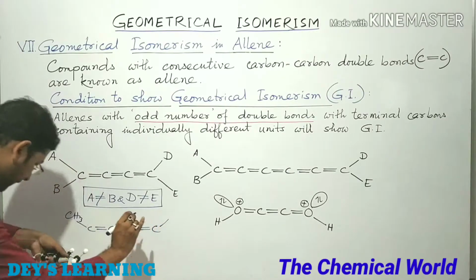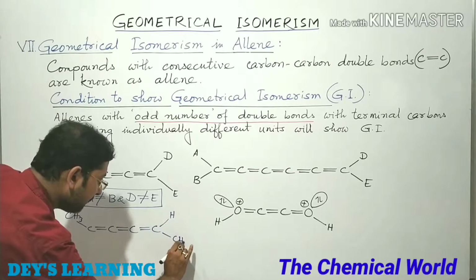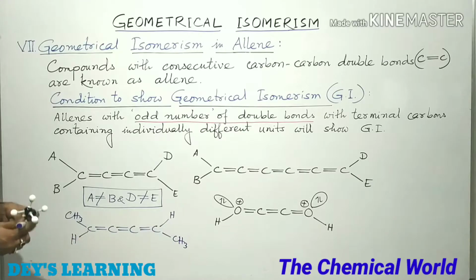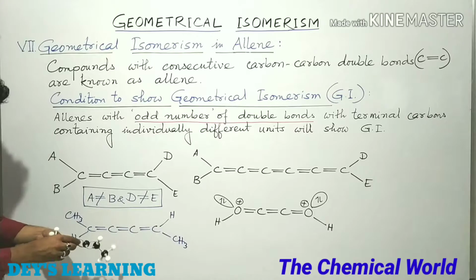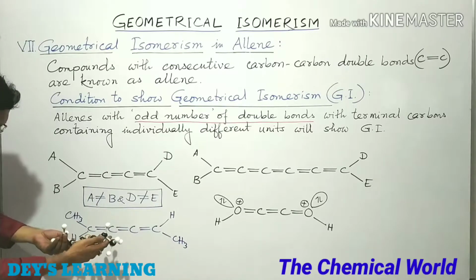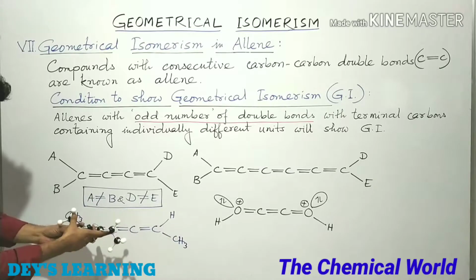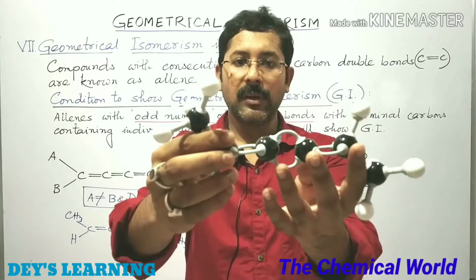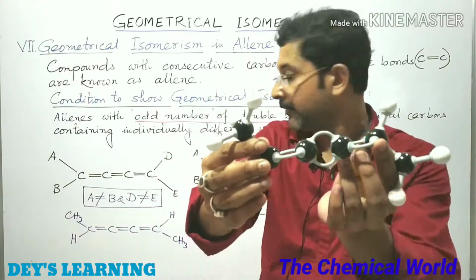This is, say, hydrogen, and this is your CH3, the trans molecule. Look at here. This is the molecule: carbon double bond carbon, carbon double bond carbon, carbon double bond carbon, with hydrogen over there, methyl over there, methyl here, hydrogen here. This is the molecule allene with 3 double bonds, that is, consecutive odd number of double bonds.